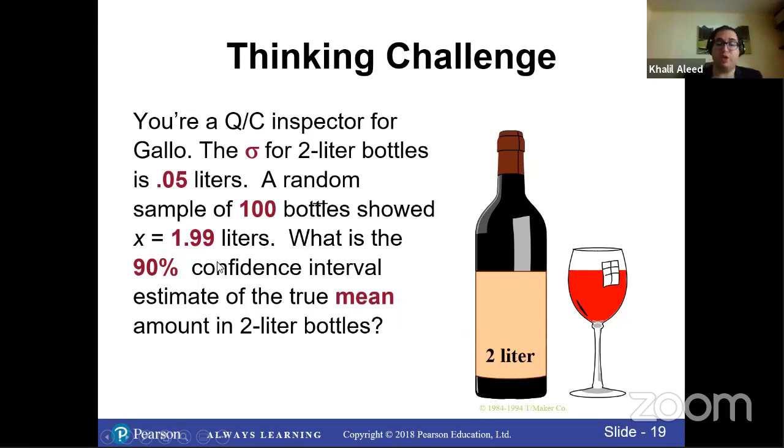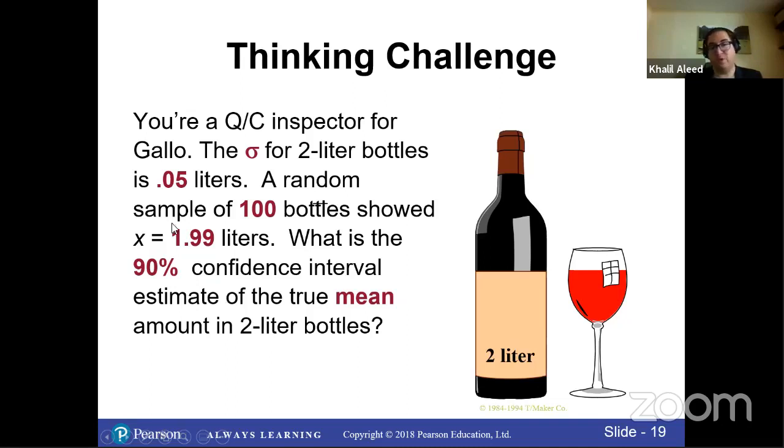So the question is, using a confidence level of 90%, meaning that you are 90% sure, is the amount of liquid inside this bottle equal to 2 liters?